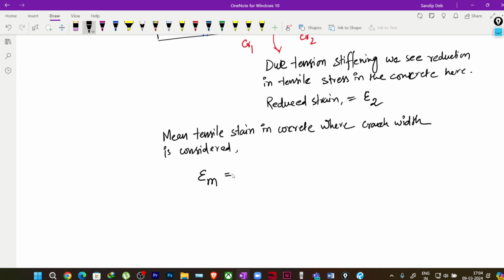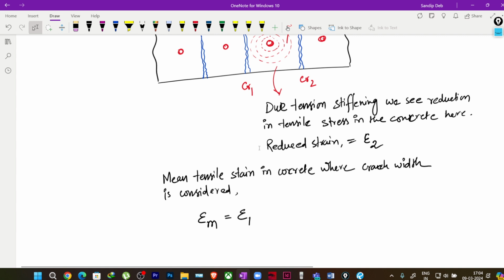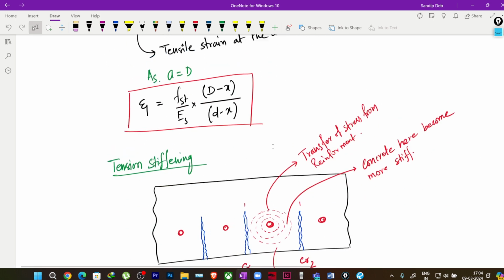So how much it will be? First of all, we got ε1, which is the actual tensile strain, and due to the tension stiffening of the concrete, there is some reduction in the stress. So corresponding to that, there is some reduction in the strain also, right? So that strain will be reduced from the strain that we got at the first calculation, epsilon 1.